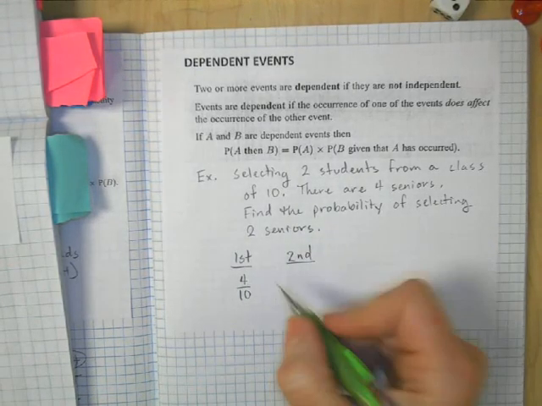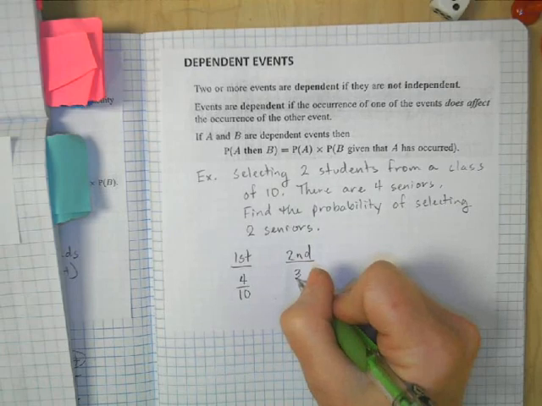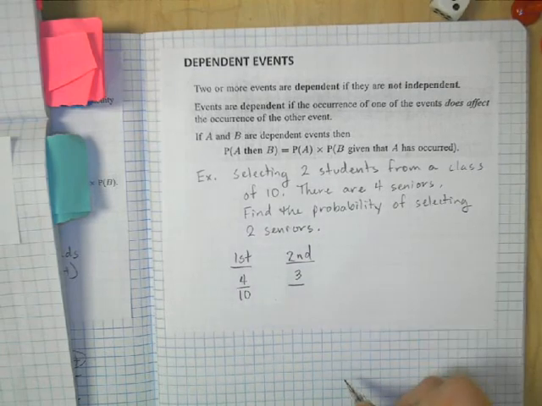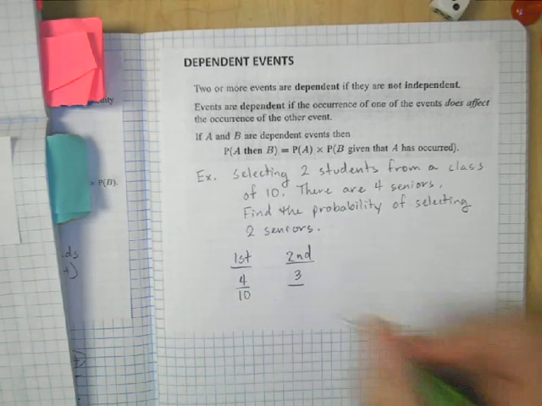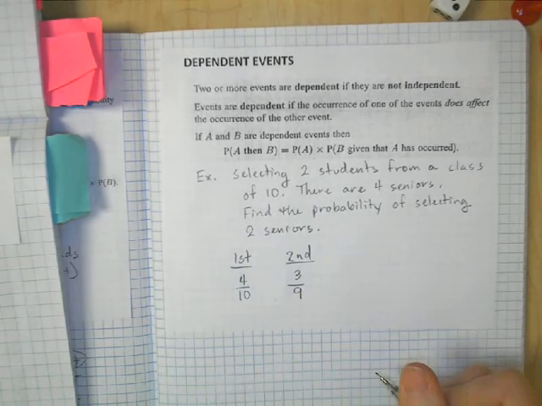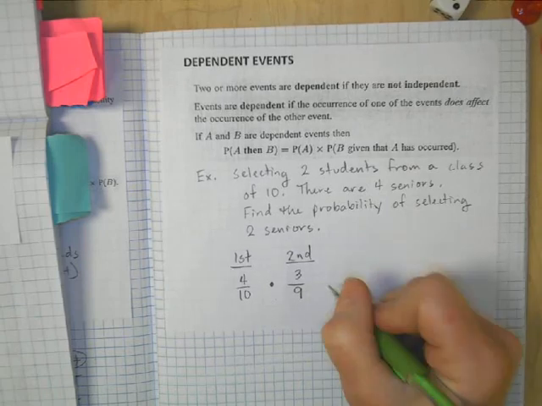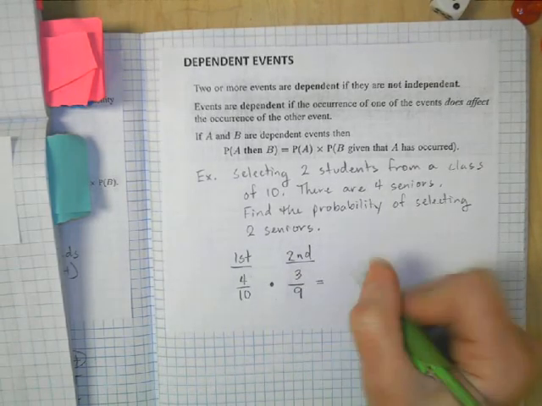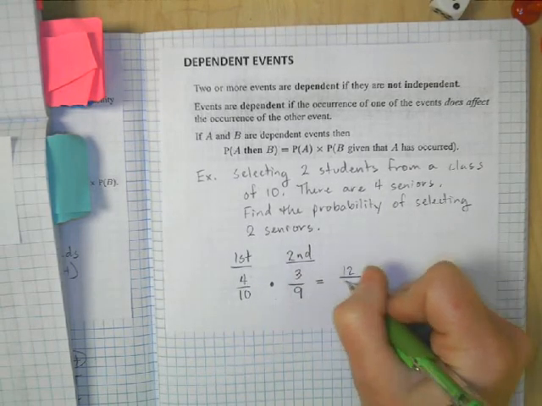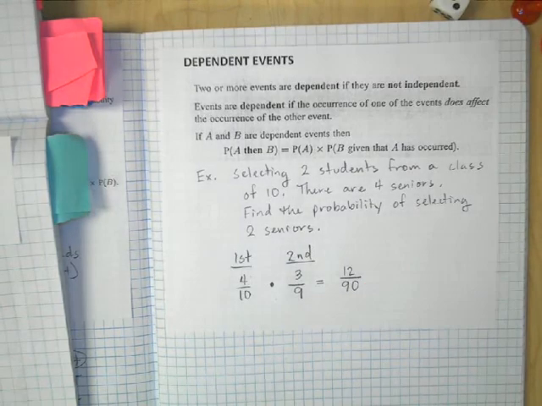Well, I already selected 1, so now I only have 3 seniors. And out of how many students? I already took out 1 student, so now there's only 9 students left. And then we multiply the results together. 4 times 3 is 12. 10 times 9 is 90. And there's our probability of selecting 2 seniors.